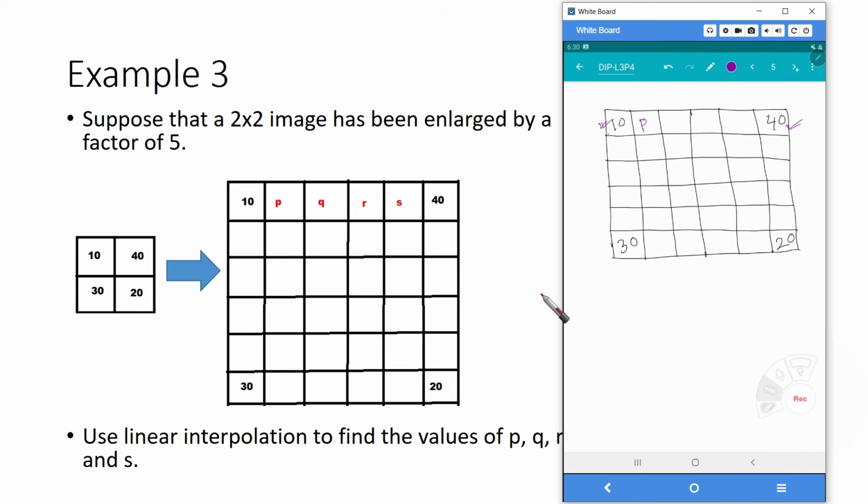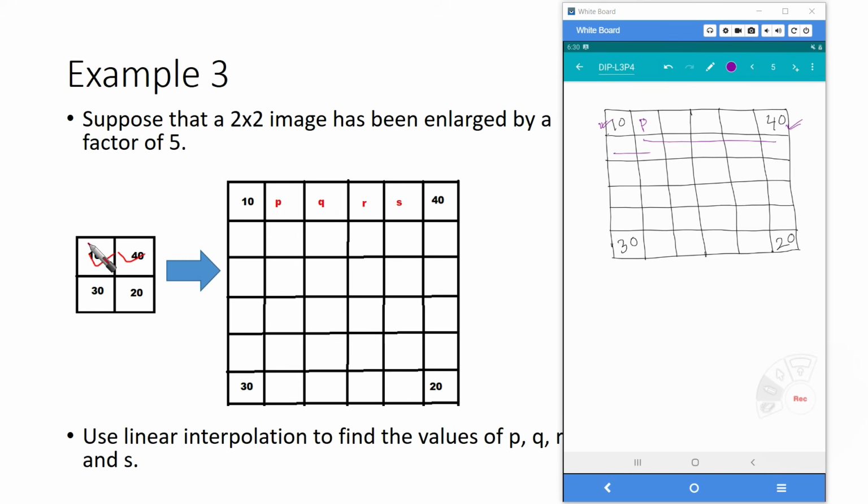Now to calculate this, we need the distance from this pixel to this pixel, and we need the distance from this pixel to this pixel. But you see that this image has actually been enlarged by a factor of 5. Originally these pixels 10 and 40 were close, just one step away.